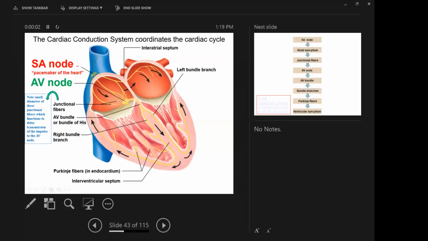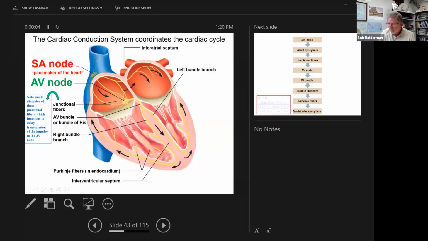Okay. So everybody's hopefully familiar with the anatomy of the heart. You can see again the tricuspid valve here. Here's the bicuspid valve, the papillary muscles down below, the chordae tendineae here, right? The superior and inferior vena cava, interventricular septum, et cetera, right? Everybody good with that?